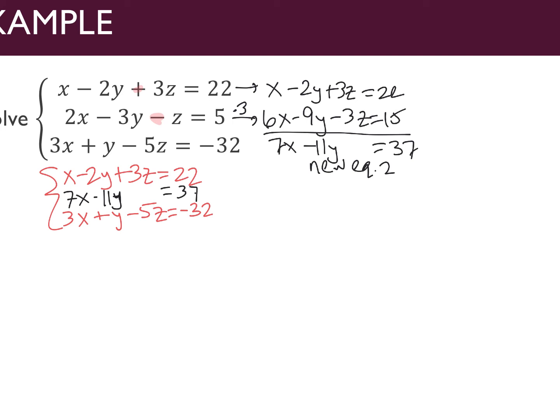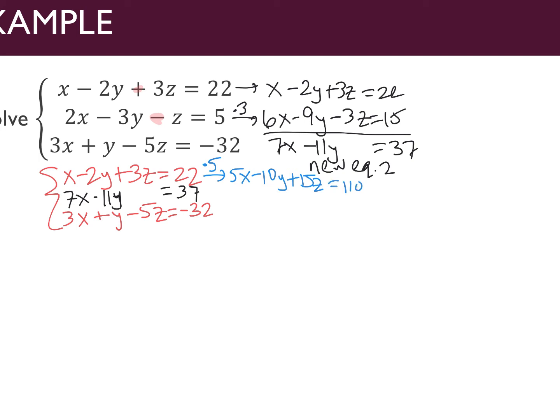Now, if I got rid of z in equation 2, I also have to get rid of z in equation 3. So we're going to multiply the top equation by 5, because the common multiple of 3 and 5 is 15. So 5x minus 10y plus 15z equals 110.